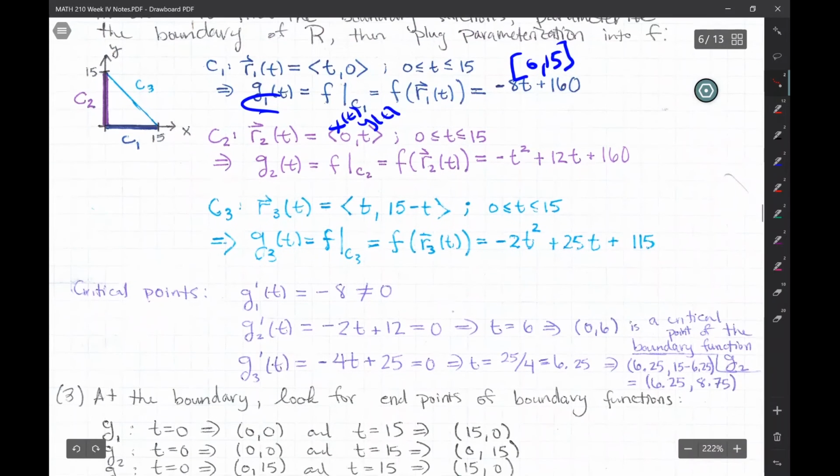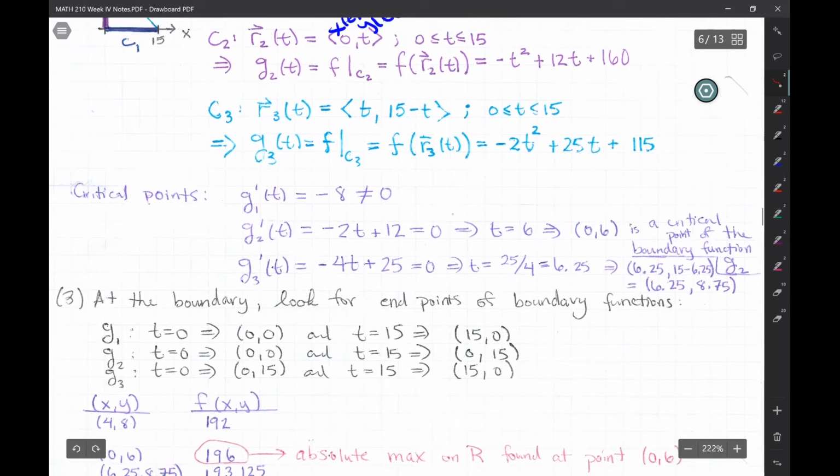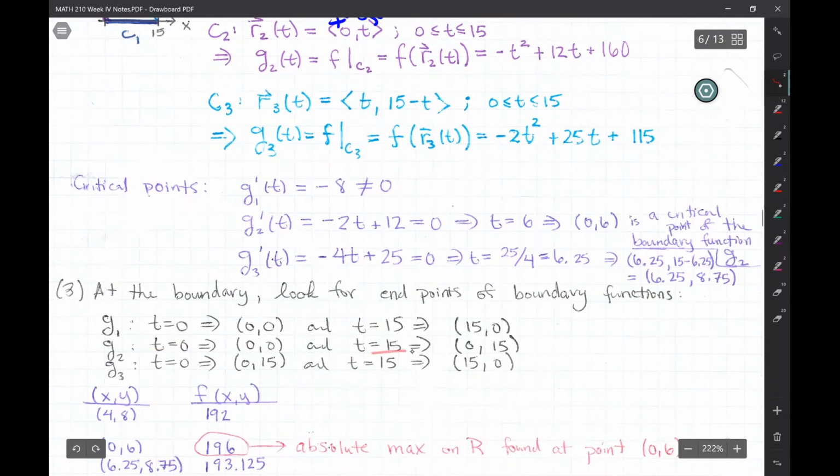Okay, that's just plugging the endpoints into our parameterization. Plugging the endpoints into our parameterization for 2, you get 0, 0, and 0, 15. And for 3, 0, 15, and 15, 0.